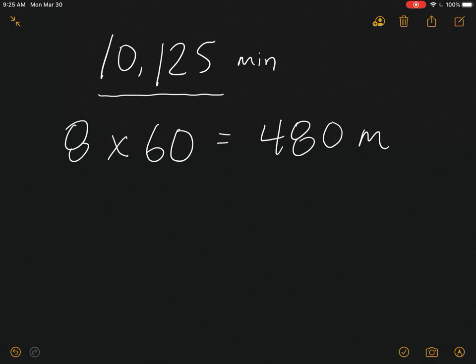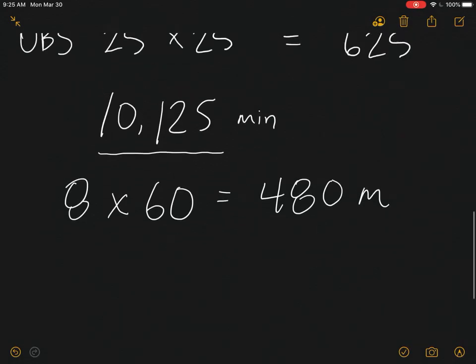Okay, anybody have a clue? All right, so first of all, let's think about this. This is how many minutes we're going to do in a week. This is how many minutes they work in a day, okay? How many minutes is that one person going to work in a week?